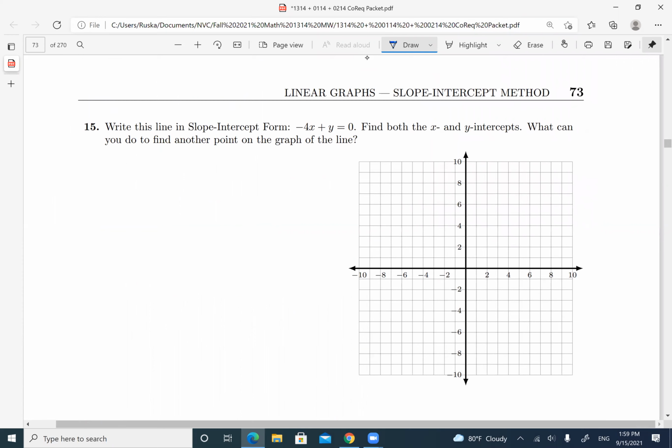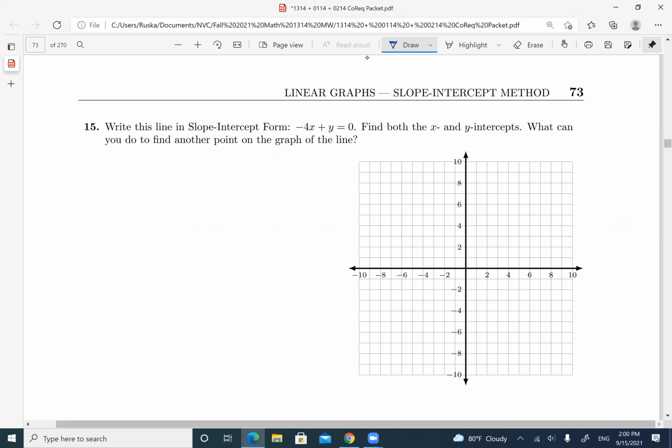We have number 15. We have to write this one in slope-intercept form. Find both the x and the y-intercept. Can you find another point on the graph of the line? So let's see. First we have negative 4x plus y equals 0.